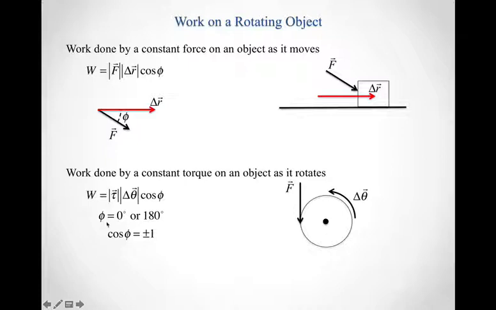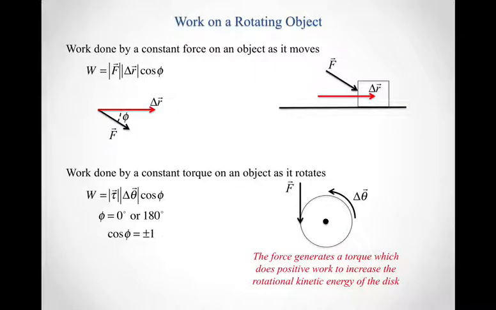The angle between them is 0, the cosine of that angle is positive 1, and so this is a situation where the force generates a torque which does positive work. That positive work goes towards increasing the rotational kinetic energy of the disk. So this force would do positive work to help the disk spin faster as it rotates counterclockwise.